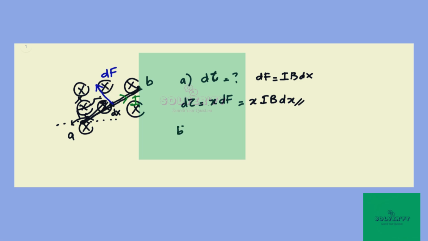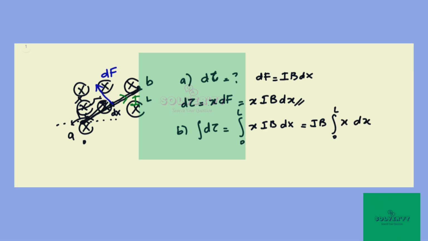Now in part B, they want us to take the integral in order to get to the torque. So what we do, we take the integral of both sides. So our x is from 0 to L because the total length of the wire is given to us as L. So 0 to L, x, I, B, dx. Now, I and B are independent of x. 0 to L, x dx.